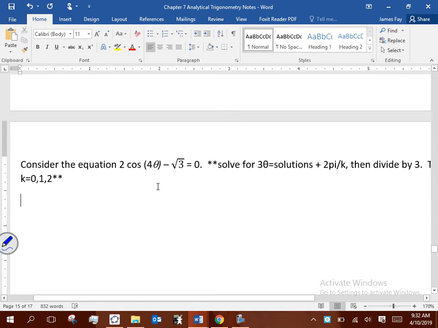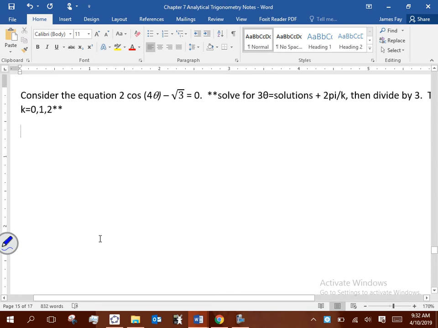Okay. So first thing you're going to do is what? Add √3 and then what? Divide by 2. So it's not difficult. If you do both those steps in your head, you get cosine of 4 theta equals √3 over 2, right?